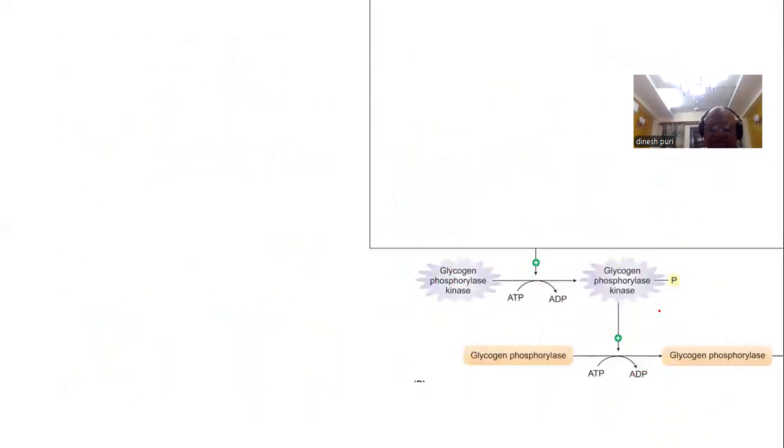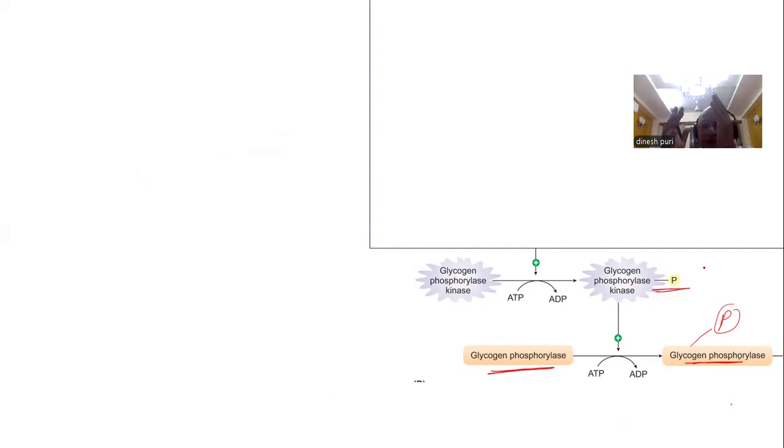An example we are going to see here is glycogen phosphorylase. It's an important enzyme for glycogen degradation. After it is phosphorylated, it becomes active. Another enzyme of this pathway, glycogen phosphorylase kinase, is also activated by phosphorylation.